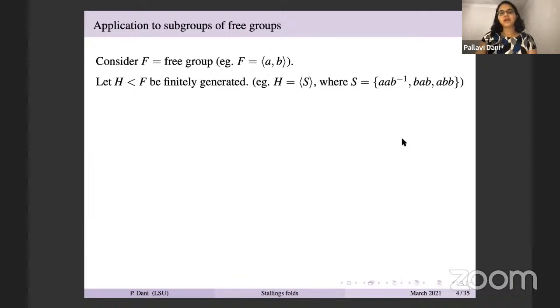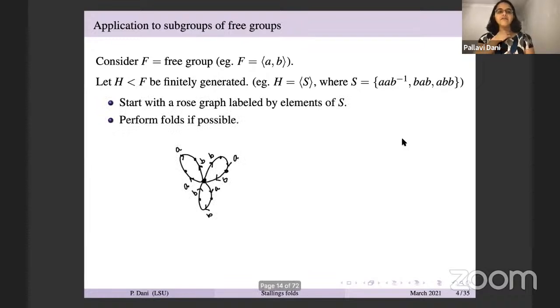So what you can do now is draw a graph, which we call a rose graph. Here my group has three generators, and so I'm going to use a rose graph with three petals. Each petal is a loop, subdivided and labeled by one of the generators.